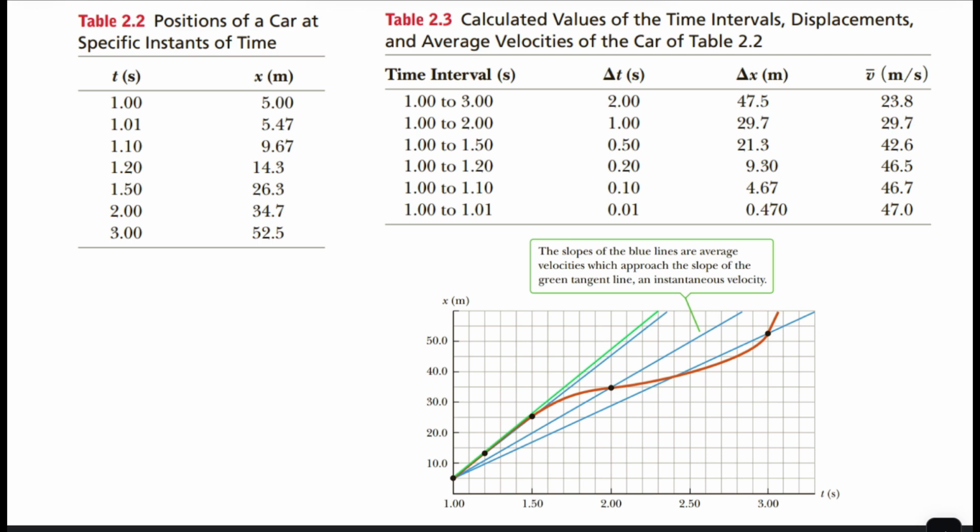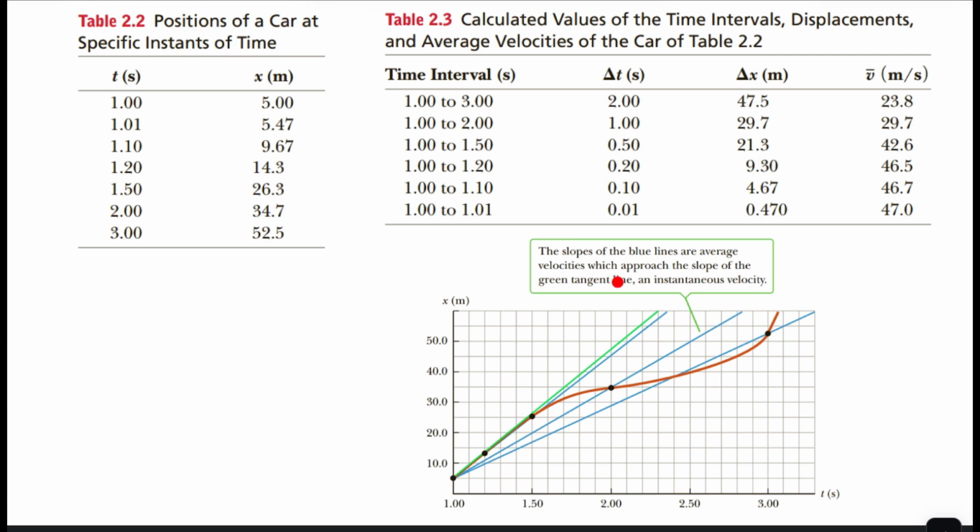Okay, so if we refer to the information given here, we have the position of the car at specific instants of time, and then we have the calculated values of the time interval, displacement and average velocity of the car in table 2.2. So from the time interval, what is delta t, what is delta x, what is the V of that particular car. So you see here the x versus t graph, with the motion in the red line.